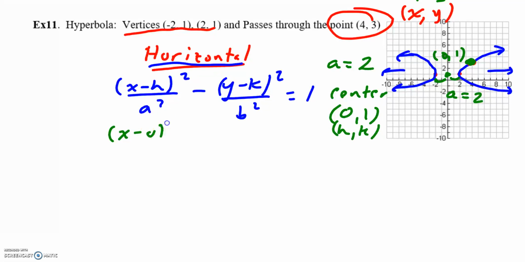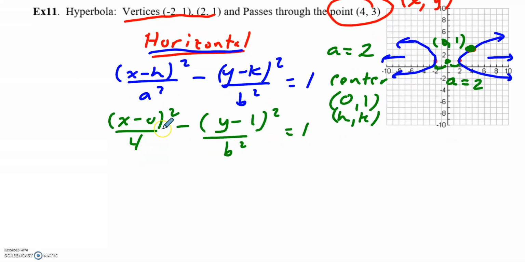So x minus 0 squared over a squared, which is 4, minus y minus k squared over b squared equals 1. If I simplify this down a little bit before we plug in x and y, x minus 0 squared is just really x squared. So I have x squared over 4 minus y minus 1 squared over b squared equals 1.